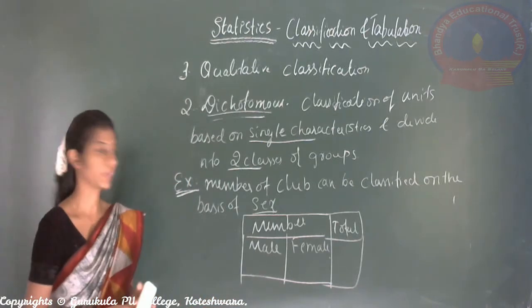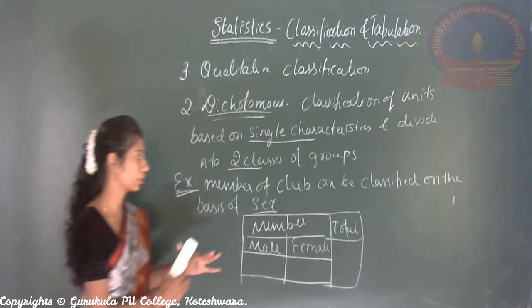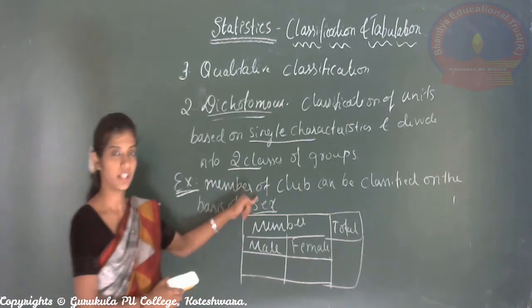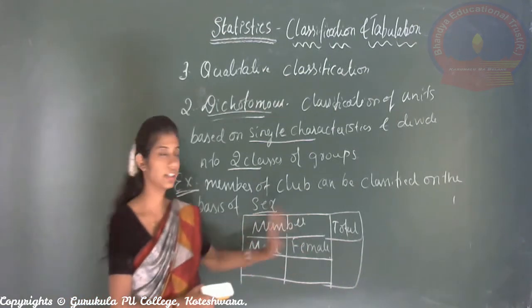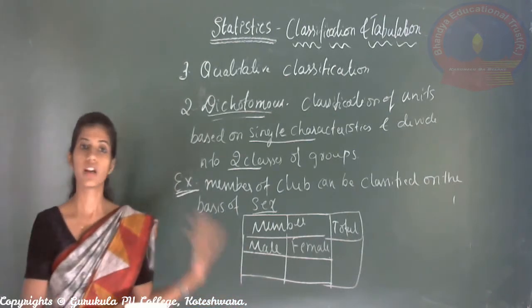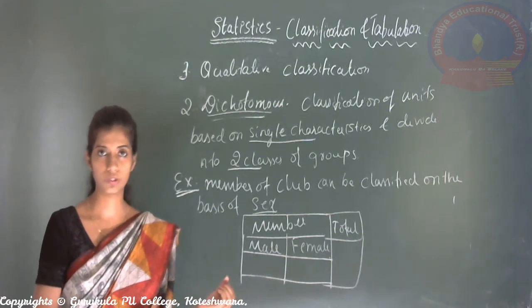This is what, male and female. Members divided according to which characteristic I have taken here? According to sex, I can divide members as male and female. This is one particular example that I mentioned; you can also take other examples.